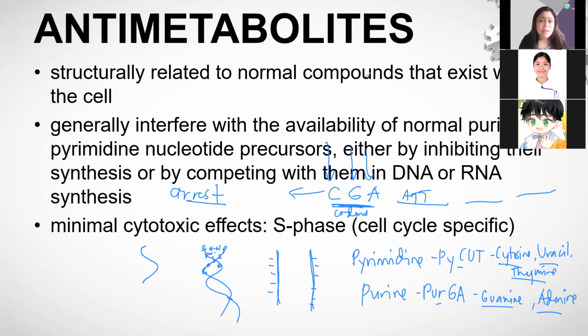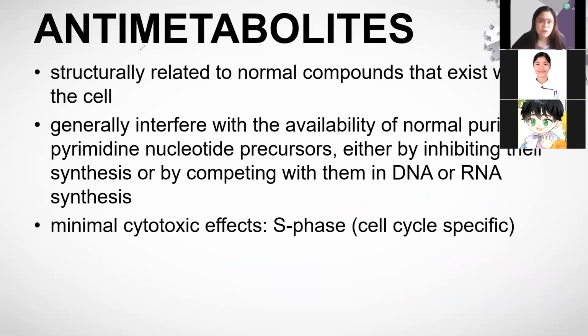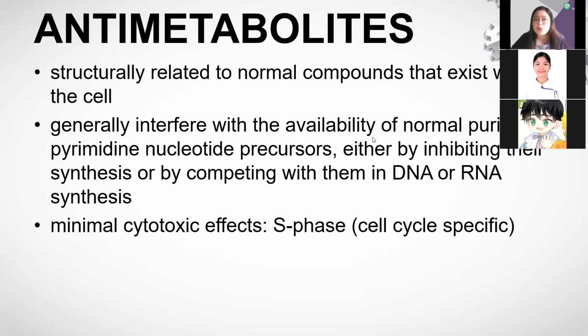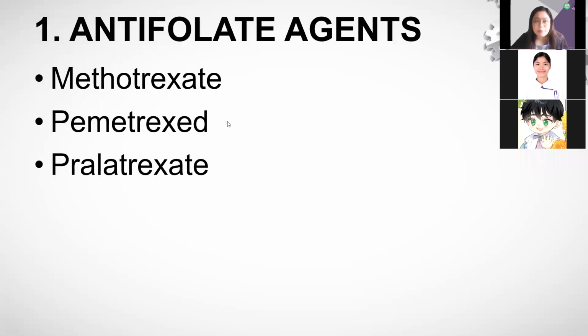And then there will be arrest. It will no longer divide. That is the work of our antimetabolites. Okay? And then, I still have time. Group is just what we call them, I mean, a group of anticancer drugs, we call them antimetabolites.